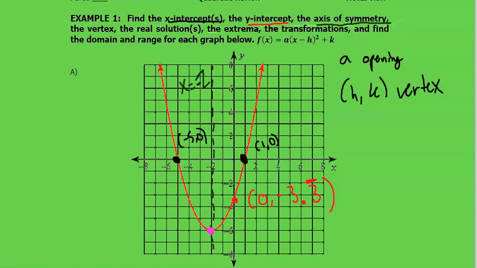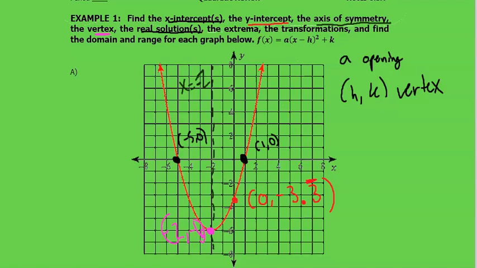So right here, the x value is -2 and the y value is -6. The real solutions are the same thing as the x-intercepts. The extrema is this lowest value right here.